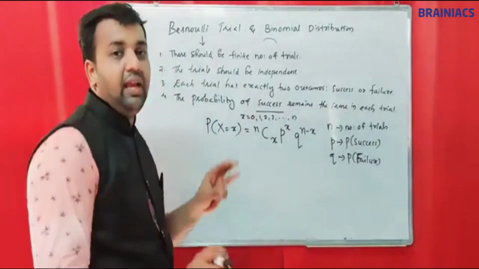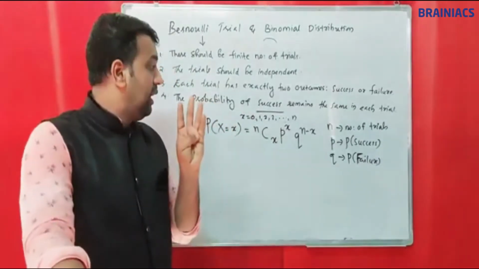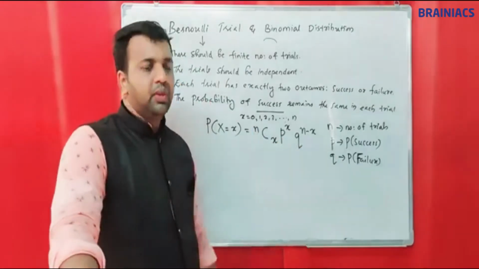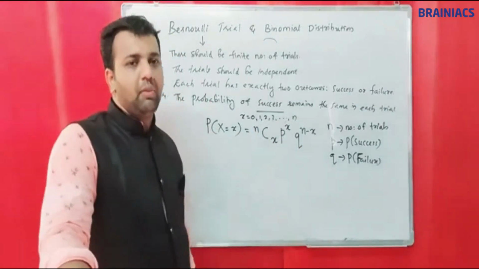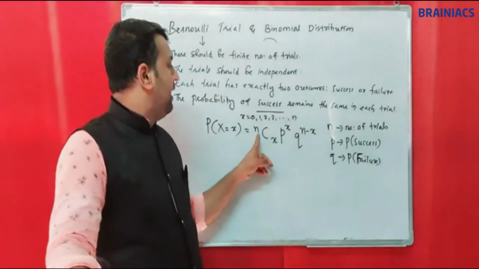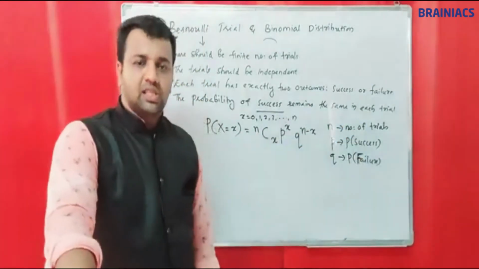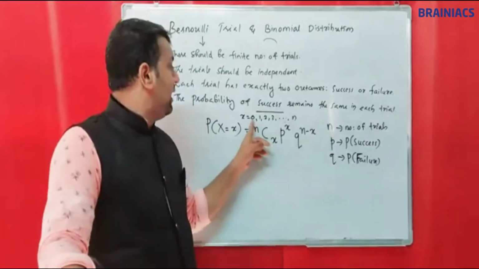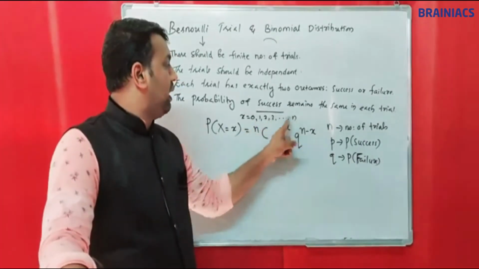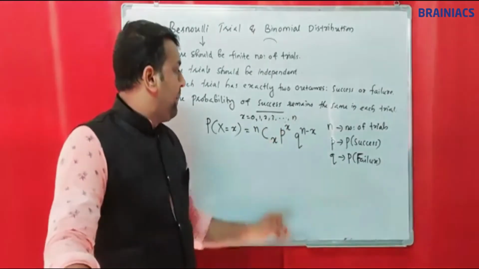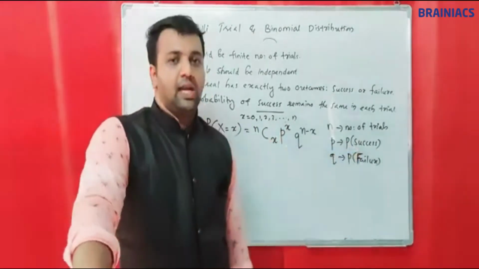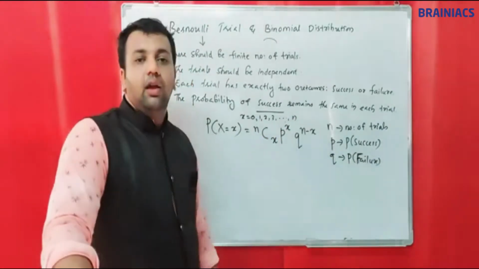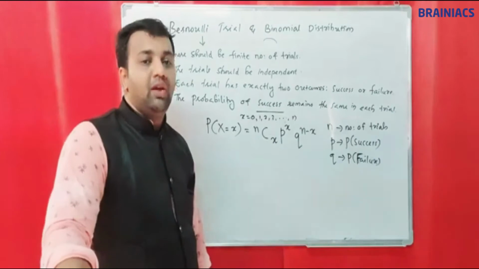Here we can see four letters in the formula: n, x, p, q. C means combination, it is a binomial coefficient. n indicates the number of trials, which will be given, and x indicates the values 0, 1, 2, 3, etc. up to n. p indicates the probability of success, which will be given in the question, and q indicates the probability of failure.